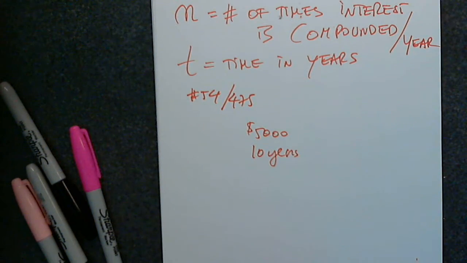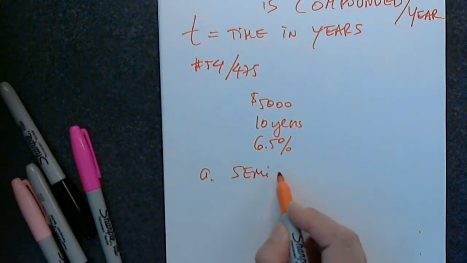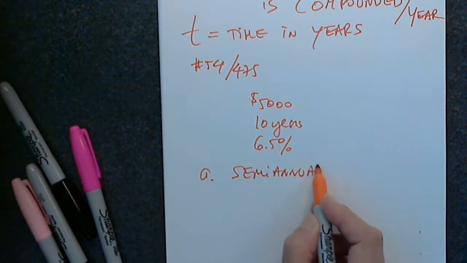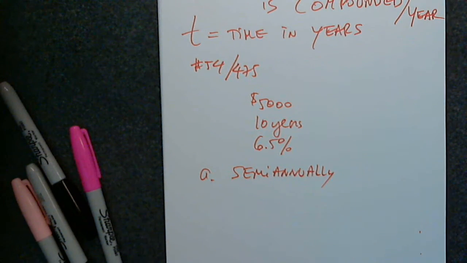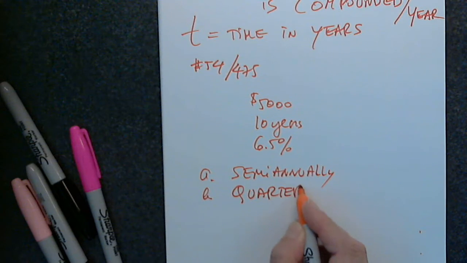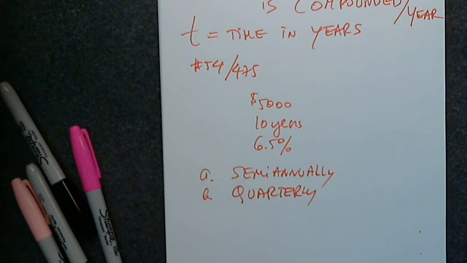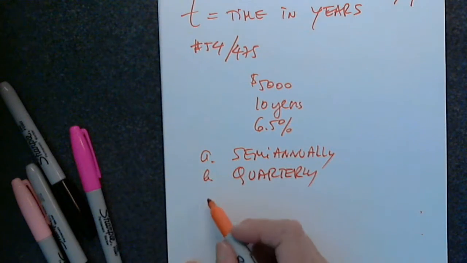I'm not going to write the letters just yet. I'm just going to copy. 6.5 interest. If the money is compounded semi-annually, quarterly, monthly, and continuously.